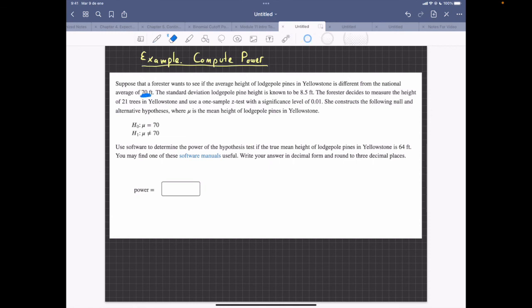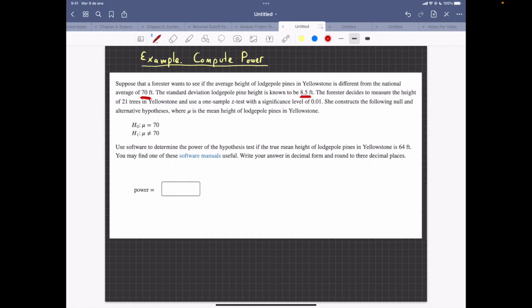So this seems to be the hypothetical value, right? 70 feet. The standard deviation of lodgepole pine height is known to be 8 feet.